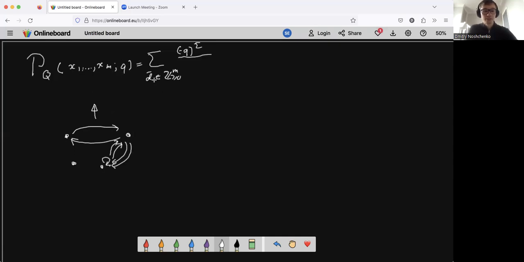And this is expressed as a sum. Maybe I could have written it a bit more explicitly. This is an infinite sum, a formal series, a summation over an integer vector, so d1 up to dm is some integer valued vector.